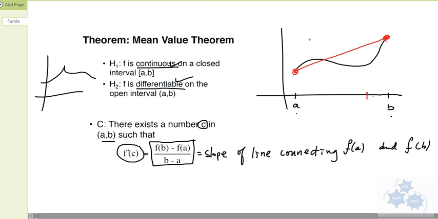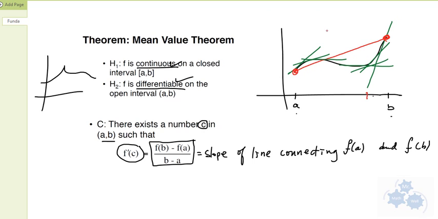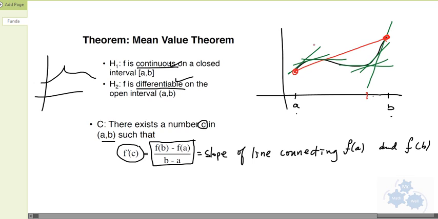I mean, if I give you some tangent lines here, right? If I give you some tangent lines here, you may be able to see that in between A and B, there's at least one tangent line that would be exactly parallel to this red line. See that? And if the function is continuous, and if it's differentiable at all points, then this will happen every time.